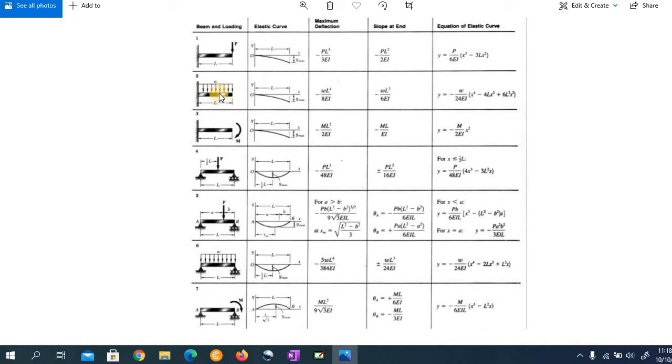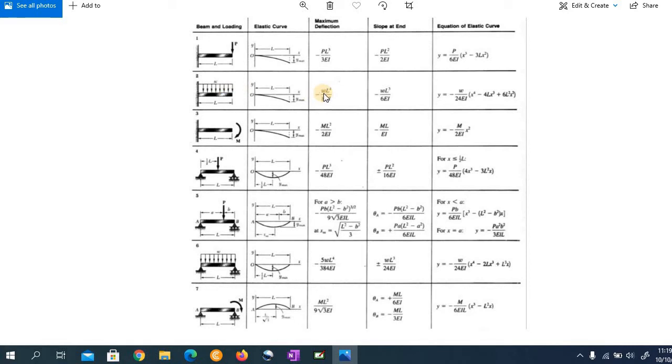So when we have such type of beam and such type of loading, the deflection or the displacement is going to be negative W L raised to the power of 4, then divided by 8 EI. As you can see, because this load is acting downward, the displacement is negative. So that is why we have negative here.